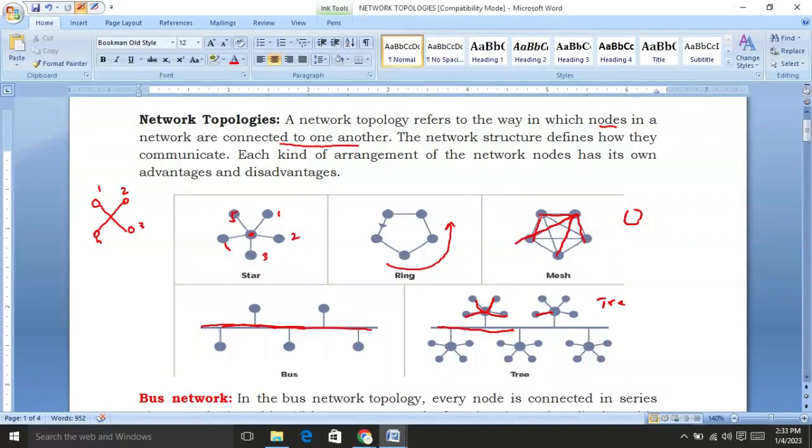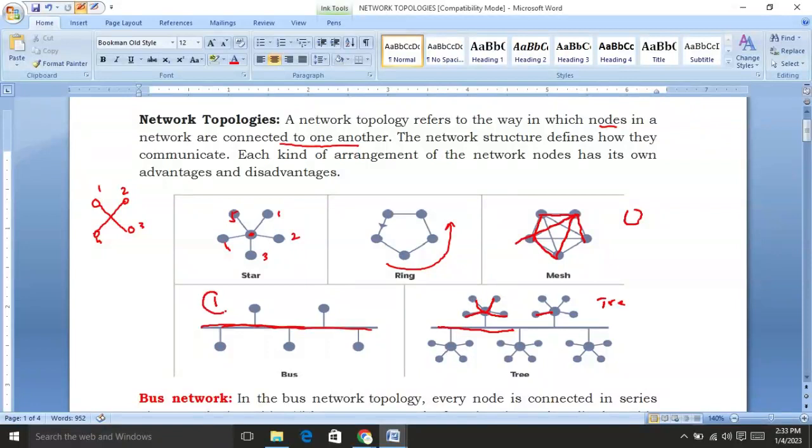In the same way, from each and every node to each and every node, we call this a mesh topology. So how we arrange, physically or logically, the interconnected systems within the network is known as the topology. There are several topologies. These are the most famous topologies.